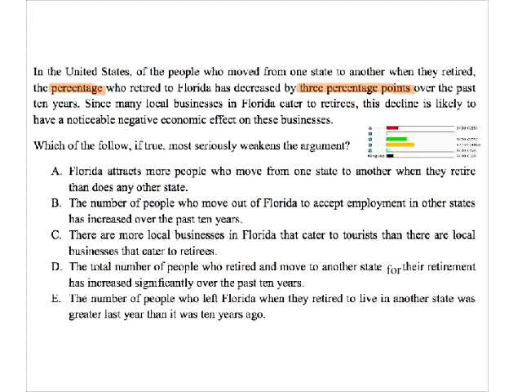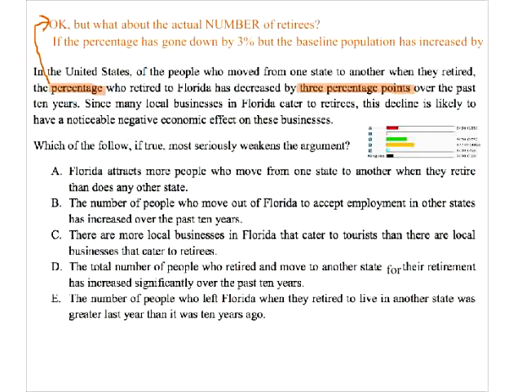So what about the actual number of retirees? Because it's just a percentage. So what we need here is a little more information about the baseline number. If the percentage has gone down by 3%, but the baseline population has increased by much more than that, then there could still be a big uptick even despite that percentage decrease.